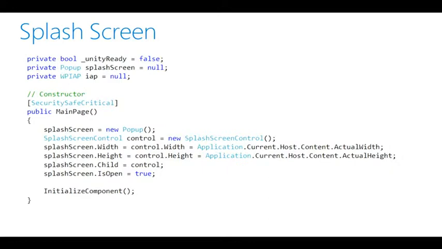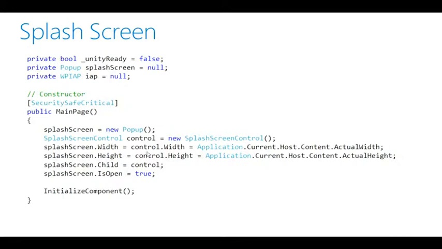So what we did instead was catch the main page. In MainPage XAML.cs, we catch the construction of that before we actually initialize the Unity side of things. So we just new a splash screen control, which will be a custom XAML file that you create, and I'll show that next.